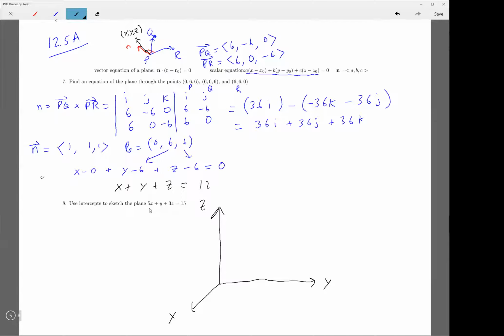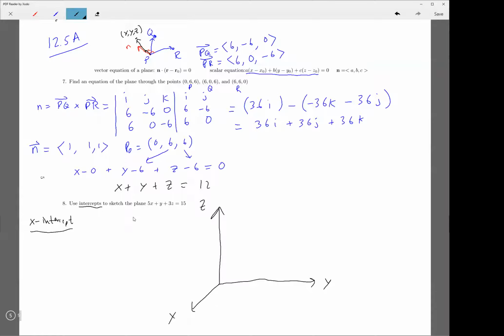And when it says intercepts, it works this way. To get the x-intercept, or say the point that's along the x-axis, right here, the plane's actually gonna cut through there, there, and there.